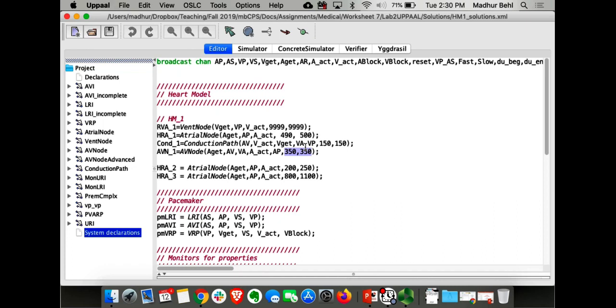That's the heart model. So 500 milliseconds of the atria, plus 150 milliseconds of the delay, plus 350 milliseconds of the AV node, altogether they are 1000 milliseconds. Effectively, there are 3 nodes capturing this phenomenon of the SA node depolarizing, going through the AV node to prevent with the ERP, and the conduction delay before it reaches the ventricle.